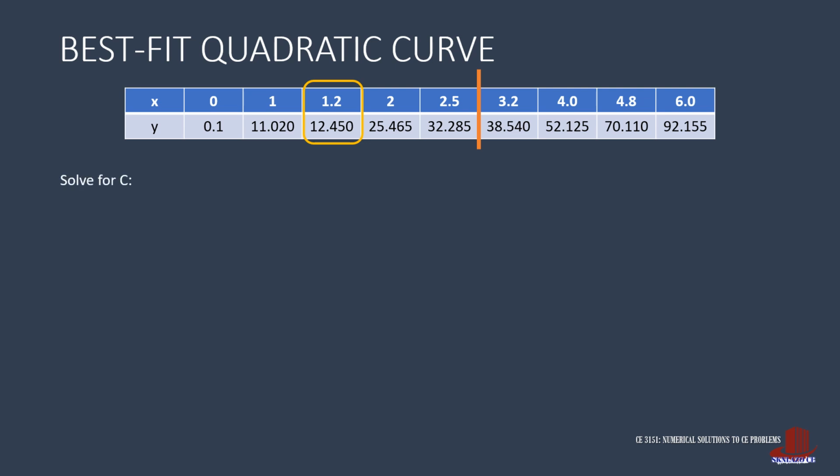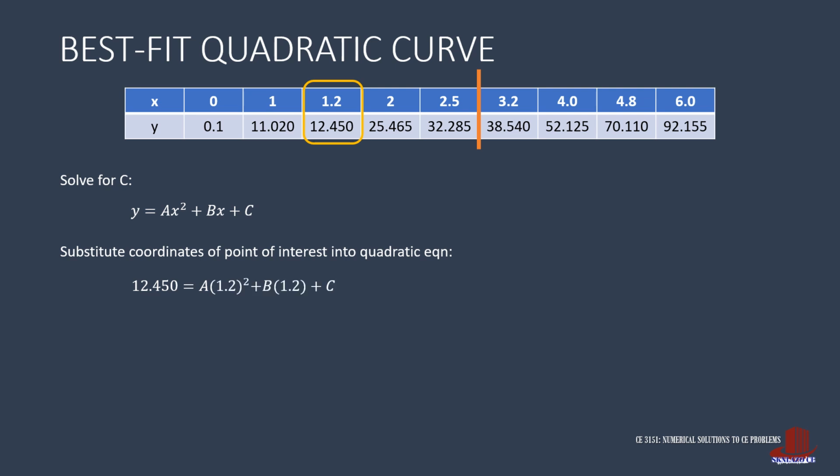With a and b already known, we then solve for the value of c. The equation to use is from the quadratic equation with the point of interest, making the equation 12.45 as equal to a times the square of 1.2 plus b with 1.2 plus c.